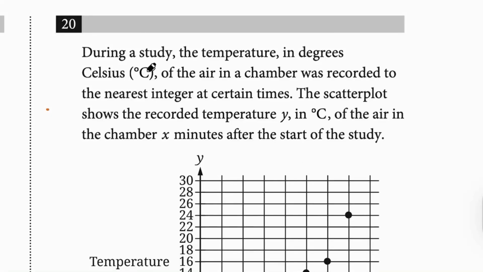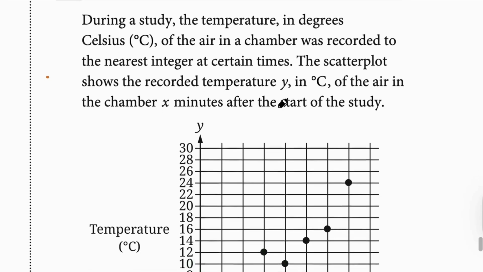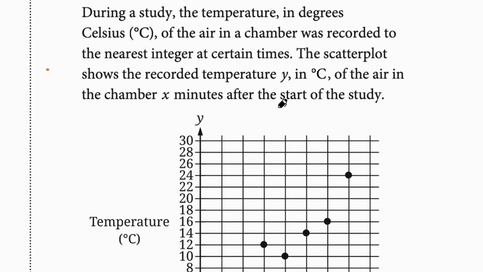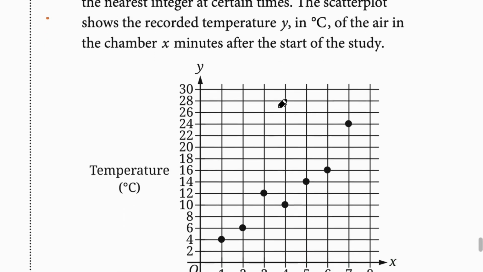Question number 20. During a study, the temperature in degrees Celsius of the air in a chamber was recorded to the nearest integer at certain times. The scatter plot shows the recorded temperature y in degrees Celsius of the air in the chamber x minutes after the start of the study.